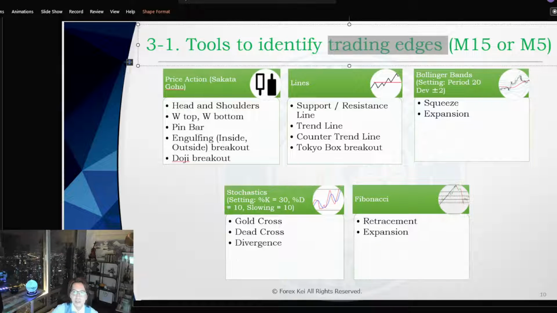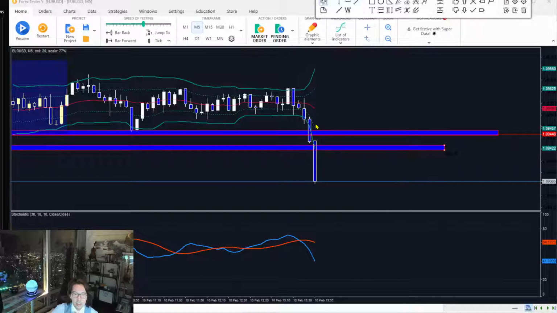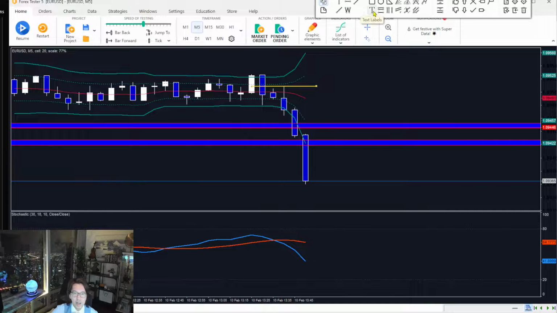So coming back to the Forex Tester, the last confirmation, the third confirmation is actually here. This is called an outside bar. So here, if I zoom in the market, then this is what I call the outside bar. So this blue bearish bar's high and low was including one previous candlestick, right?